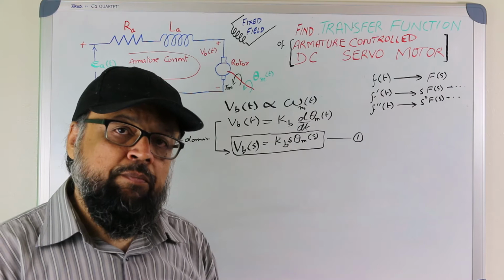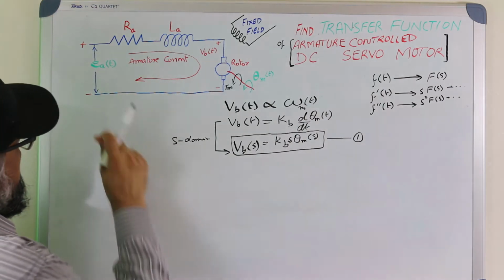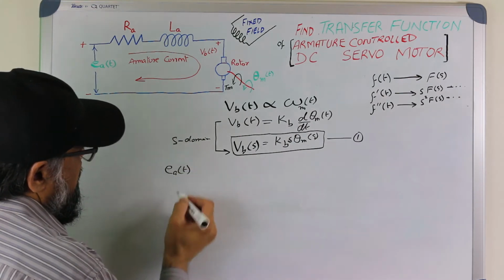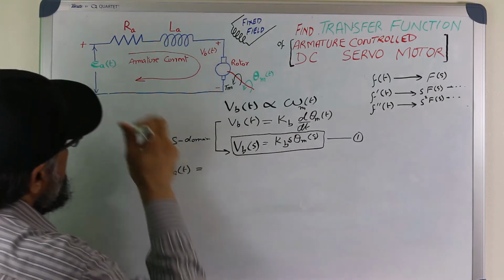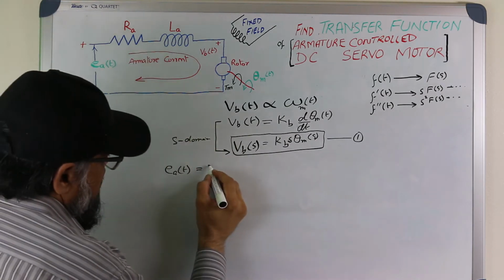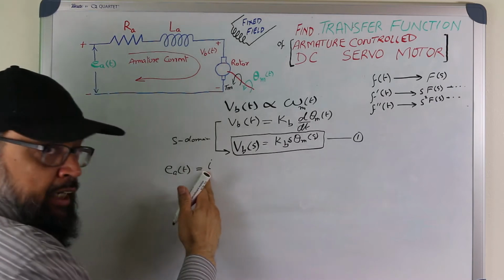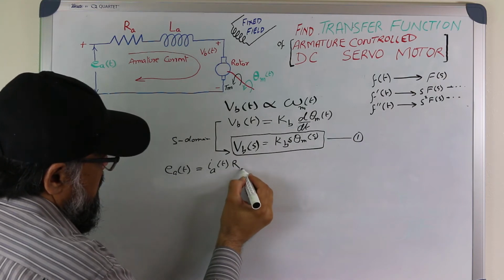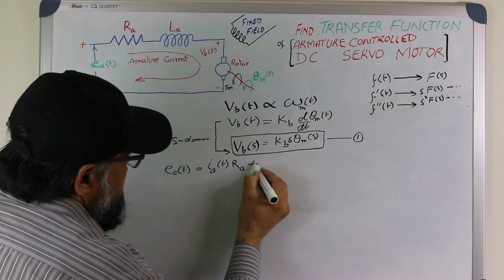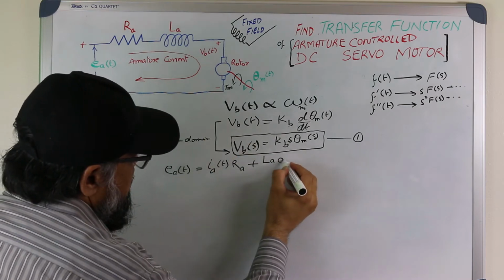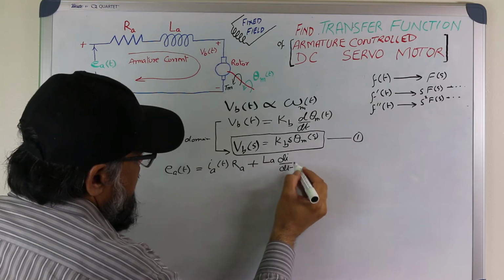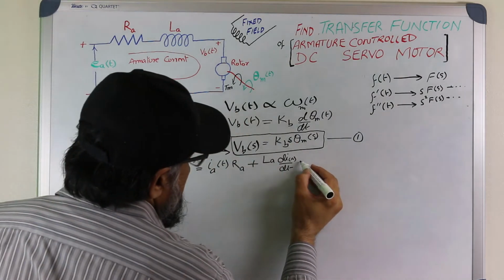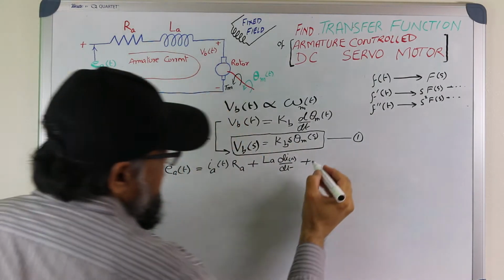By applying that, the applied voltage Ea(t) will be equal to the voltage across this, which is the current in the armature, a for armature, in time domain, Ra plus La d/dt of ia, and then plus this VB(t).